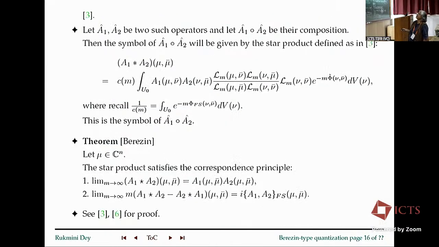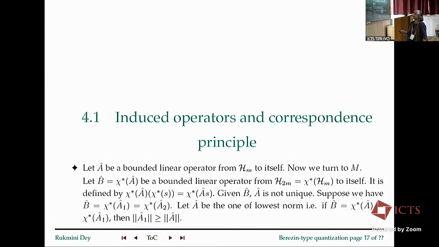And this is the formula for the star product. Actually, this is the symbol of A1 hat composed with A2 hat. And the star product satisfies the correspondence principle. This is again a lot of huff and puff, but it satisfies. He showed this in a very general case of a Kähler manifold with certain properties. CPN is one of them.